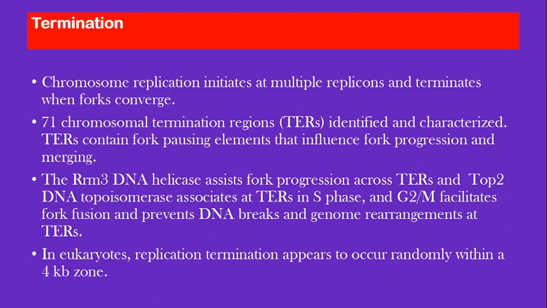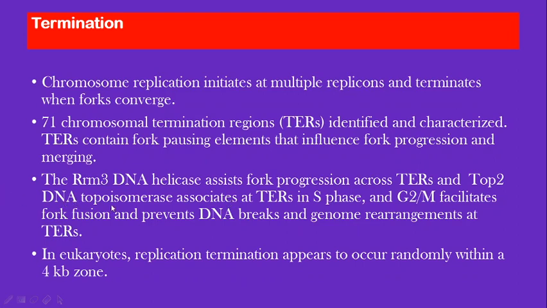When collision occurs, in this region, the RRM3 DNA helicase will assist the fork progression across the TER region. When these replication forks collide with each other, RRM3 DNA helicase will assist any one of the forks to move through this pausing element.